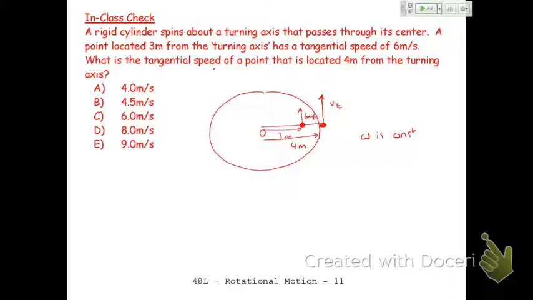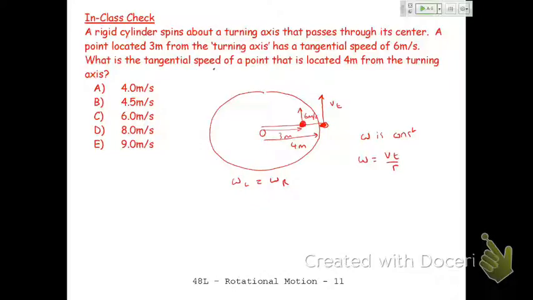So I can say, if you like, omega of the left is equal to omega of the right. I'm running out of terminology; I'm saying this left-hand point and the right-hand point. And so what does omega equal? Angular velocity is Vt over r.